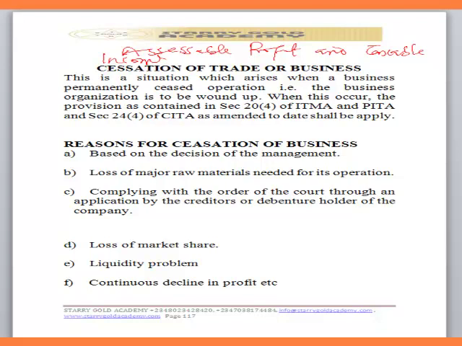Now, we have identified what cessation actually means. It simply means when the life of a business comes to a permanent end. Why would a business fold up, or what are the reasons why companies fail, why business organizations close down? Some of the reasons a business fails is, 1, bad management or decisions of the management.